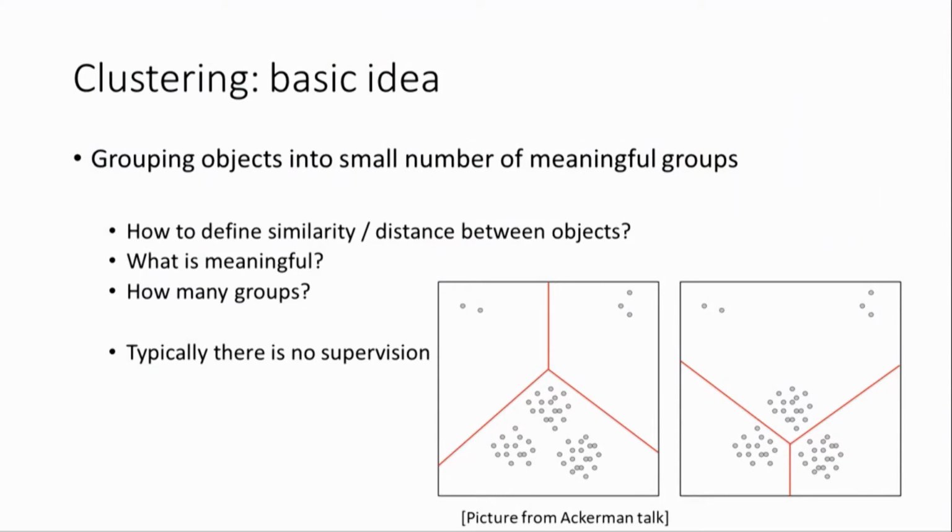And we know that there's no supervision, so who's going to tell us about all this? So we need to develop a neat framework of clustering, and a large part of what we do in this first class is going to be developing this framework. Let's say in this very simple example, imagine that these red lines are not there.